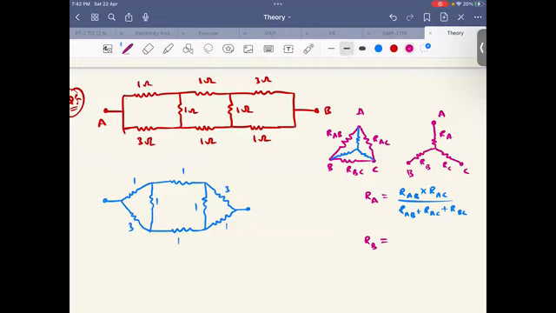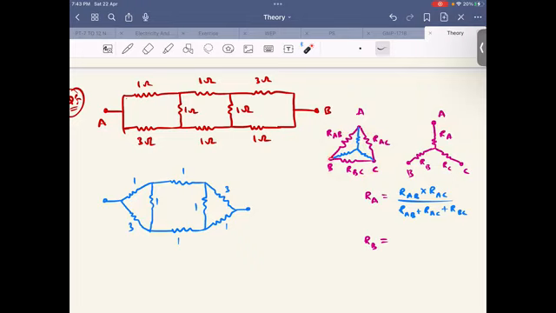Sir, I didn't understand the formula for RA. I'm just telling you how to remember it; I'm not doing the proof now. To convert the delta, the pink structure, into the blue star structure, the resistor connected to A is RA, connected to B is RB, and connected to C is RC. RA is given by the two adjacent sides multiplied, divided by the sum of all the resistances.